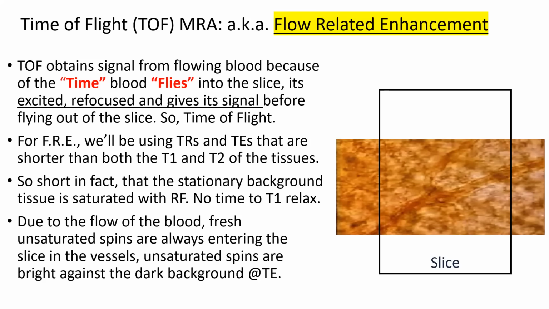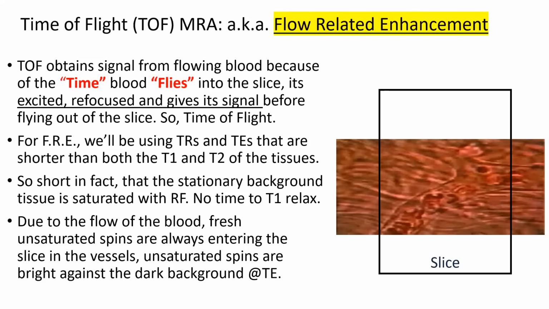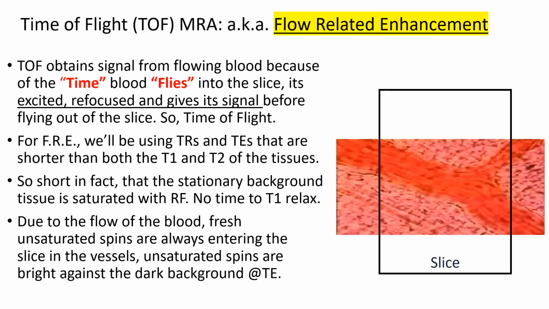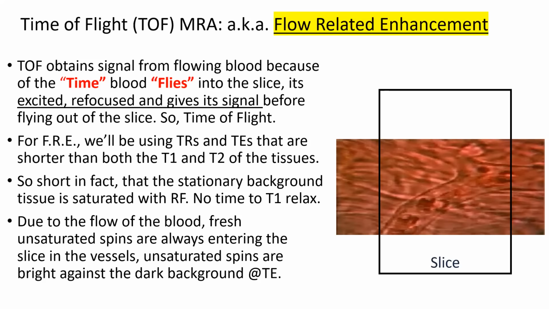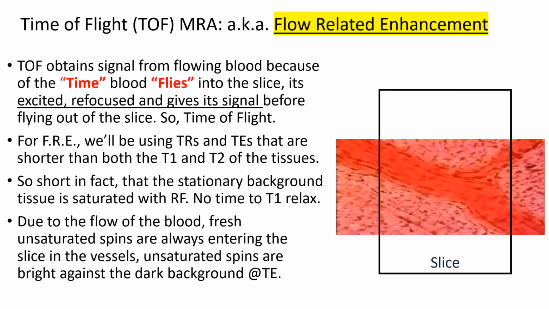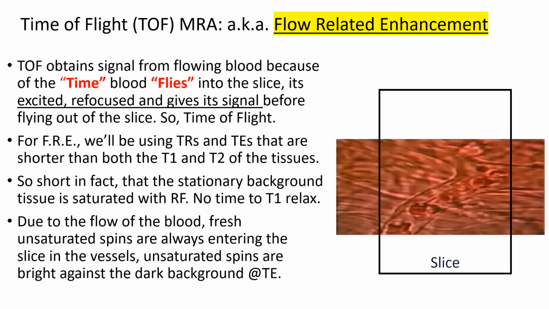Due to the flow, we've got fresh spins that come into that slice. They get excited with the RF and they have a short TE so we can grab their signal before they go away. Now, I couldn't separate all these little JPEGs, but we're imaging that slice. We're exciting the blood.